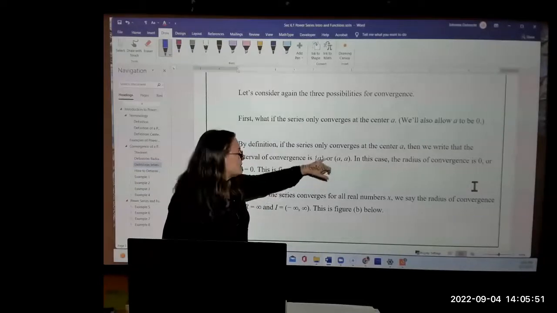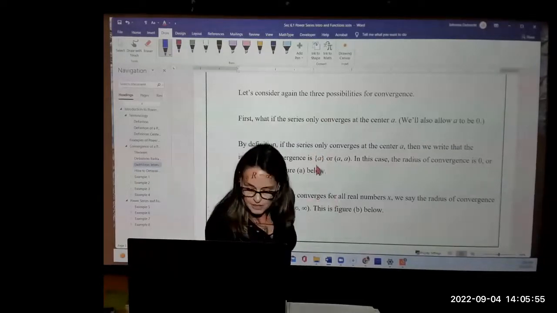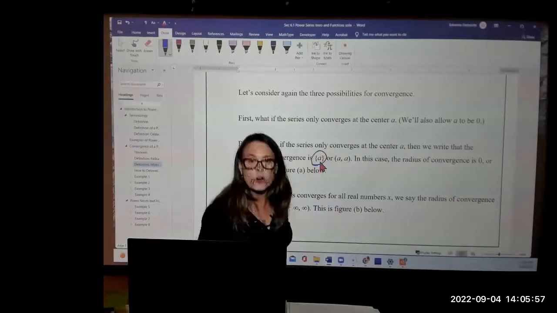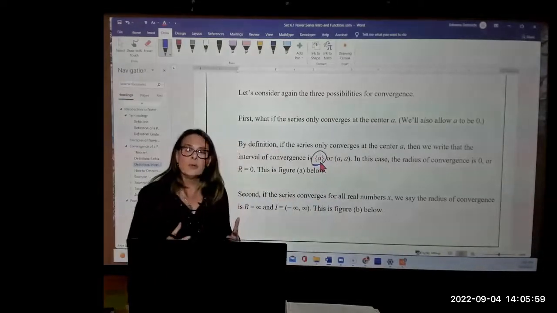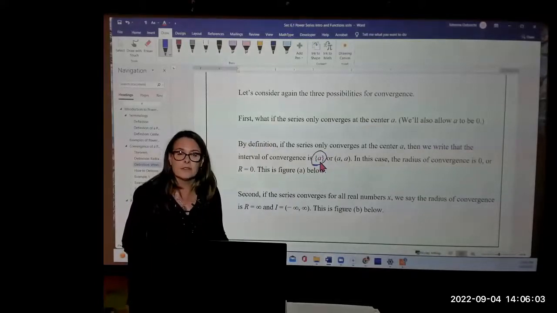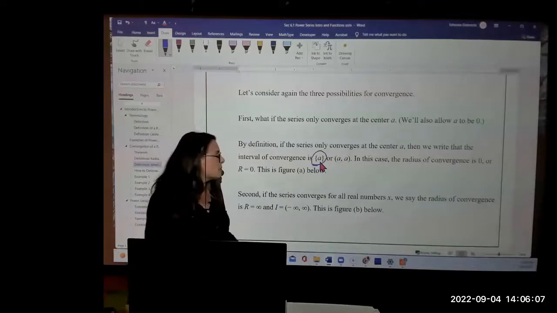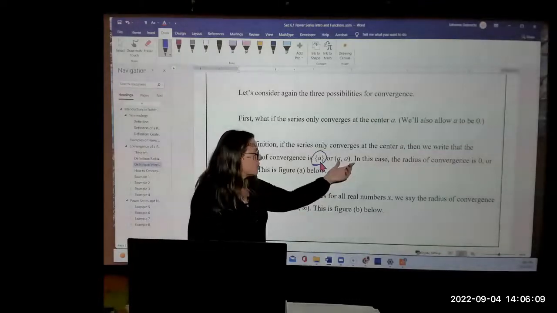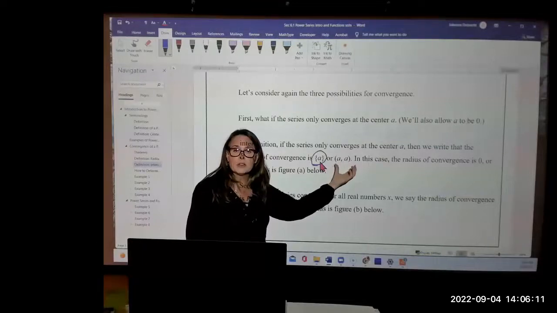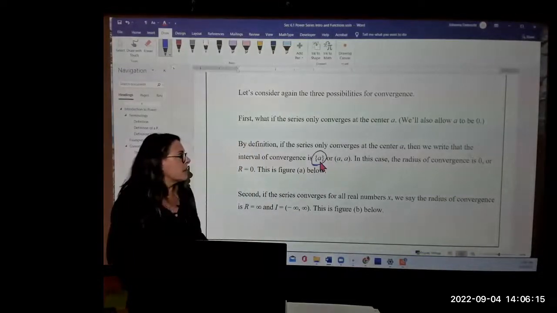This is set notation, where you have the curly brackets around a, and that means that the only place it converges is at a. Now you can write it in interval form. It looks a little bizarre. You start at a and go to a, so it only includes a single point a. And that's a fine way of writing it as well.